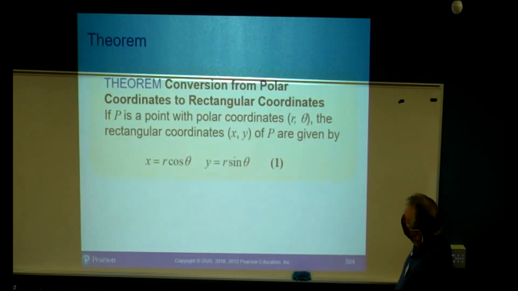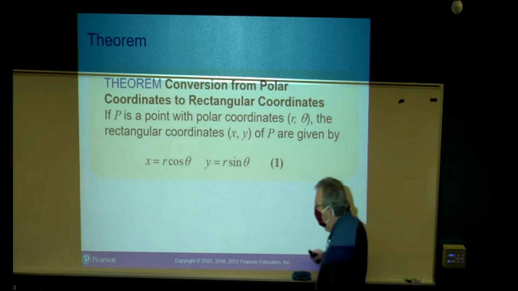All right. Conversion from polar coordinates to rectangular coordinates. If point P is a point with polar coordinates r, theta, then the rectangular coordinates x, y are given by that formula.